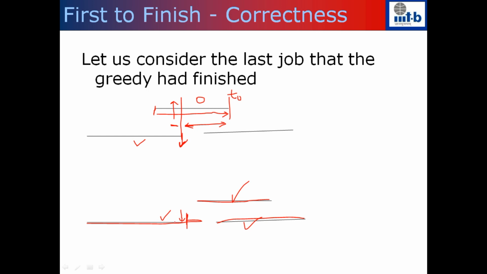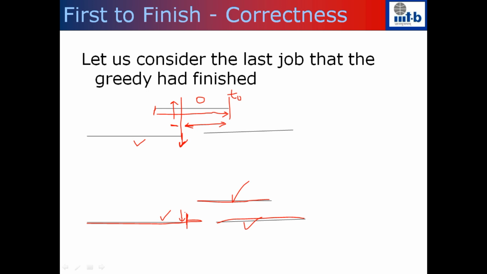So in that case, this last job also cannot end before this, right? So it cannot end after this, and it cannot end before this. If it ends after this, then what we are saying is that T0 will not be the first time when the number of jobs done by the optimum becomes greater than the number of jobs done by the greedy.